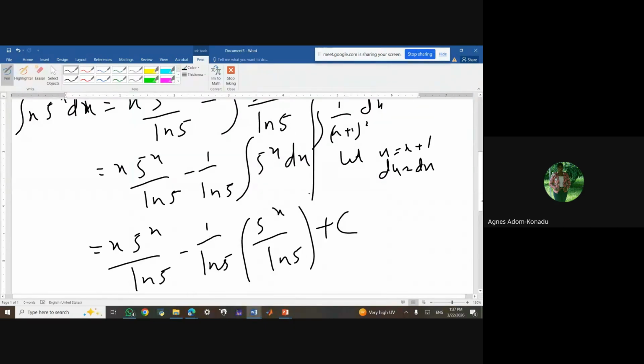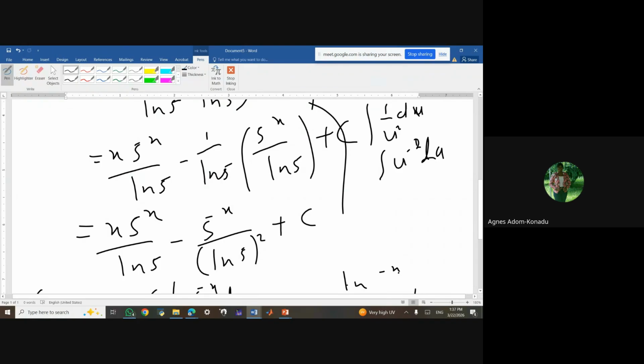So I come back here, I have the integral of 1 over u squared du. So this will be the integral of u to the power -2 du.